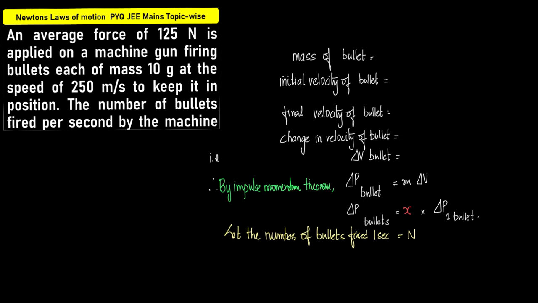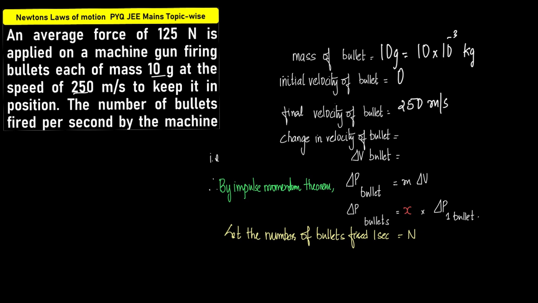So what is given to us? Mass of bullet is given to us, 10 gram, which is 10 into 10 to the power minus 3 kilogram. What is the initial velocity of the bullet? It is 0. What is the final velocity of the bullet? It launches out at 250 meter per second.